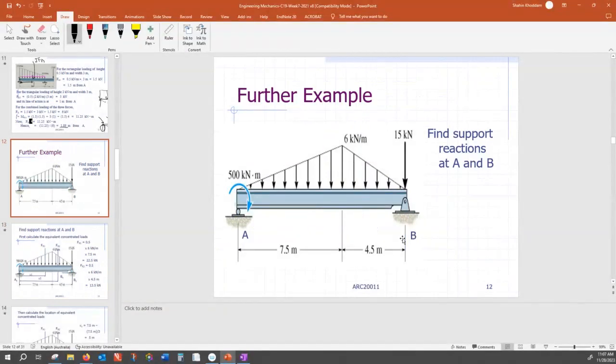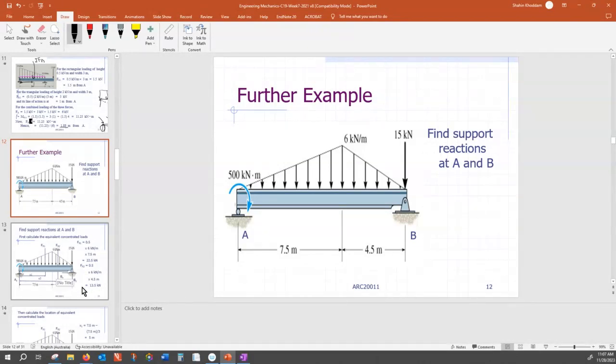Okay, now we've got a complex beam. When I say complex, the loads are complex. When you find a problem difficult, what do you do with it? You break it into smaller problems, mini problems. So here, how do I break it into mini problems? One mini problem is a triangle sitting here, another triangle is sitting here. Each triangle is substituted by a resultant force and a line of action, and then those resultants are merged together into one single resultant, and the lines of action are merged together into one single line of action. So let's follow the steps.